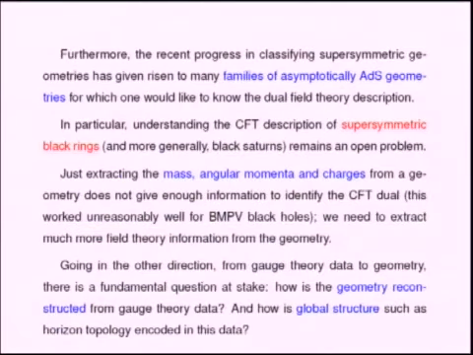Now, on the other side, in a separate set of developments, there's been substantial recent progress in classifying supersymmetric geometries. We have many families of geometries which should be in the framework of gravity gauge theory dualities. They're families of asymptotically AdS geometries, for which one would like to know the dual field theory description.